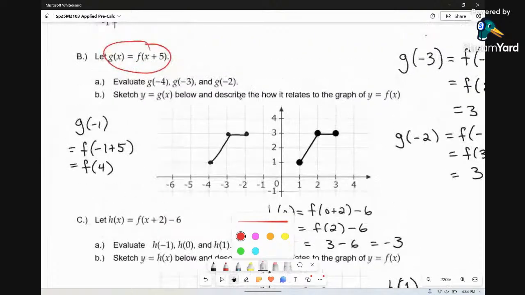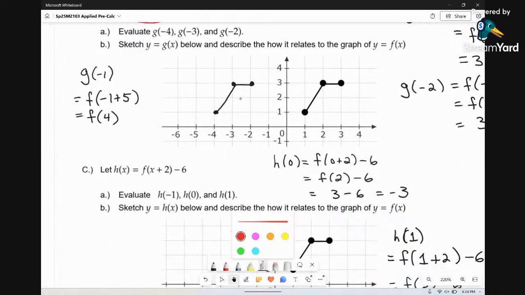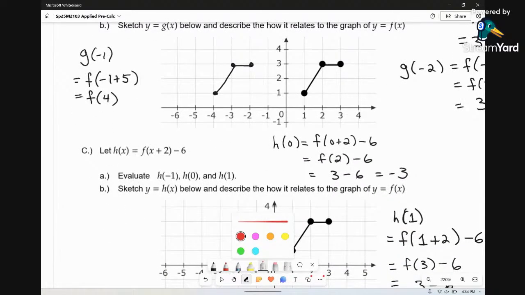If I scroll up to the top here, earlier, it was recognized that we had a horizontal shift 5 units left. What's going on now? We still have a horizontal shift, but not 5 units, 2 units left. And additionally, 6 units down.